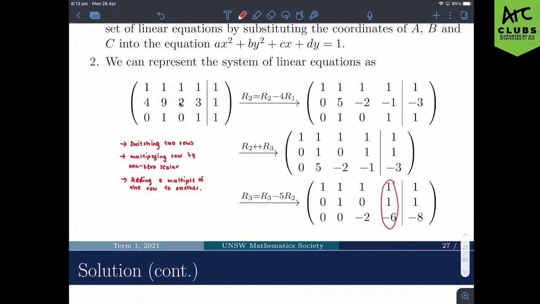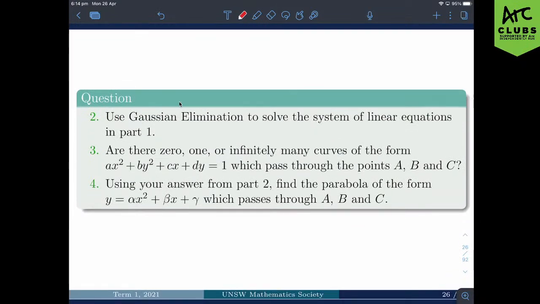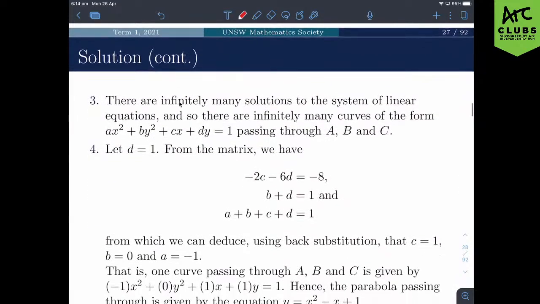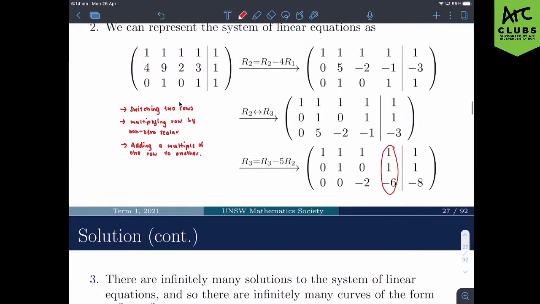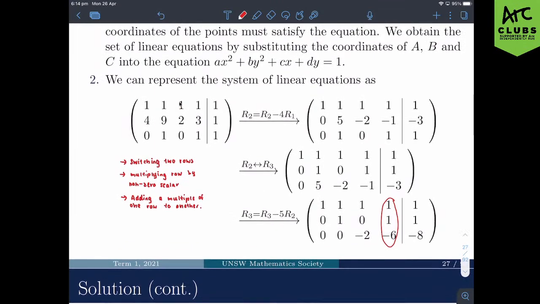So that's something to note when we look at the next question, which is, are there 0, 1, or infinitely many curves of the form ax squared plus by squared plus cx plus dy equals 1, which pass through the points A, B, and C? And clearly, there are infinitely many combinations of a, b, c, and d. And so there are infinitely many curves that pass through A, B, and C. And we know from before because there's a non-leading column.